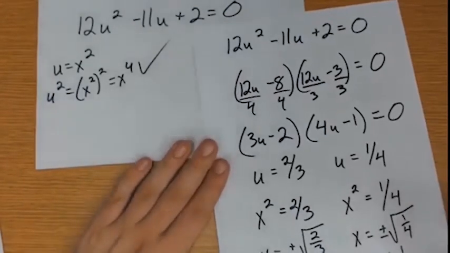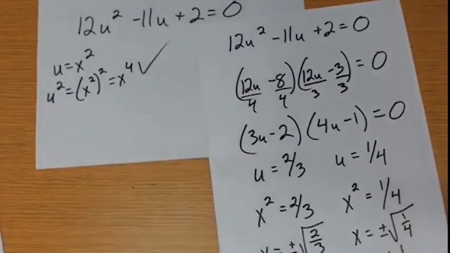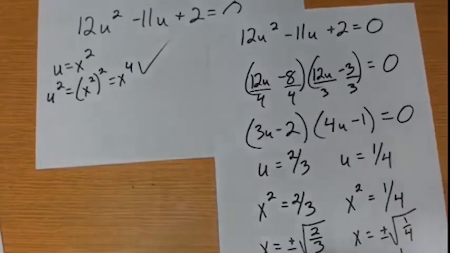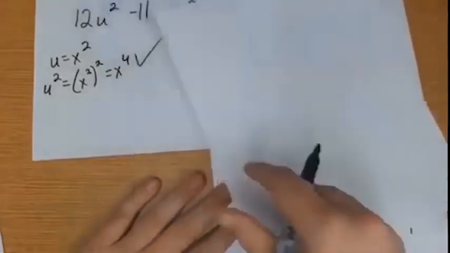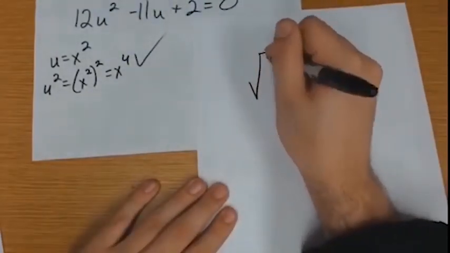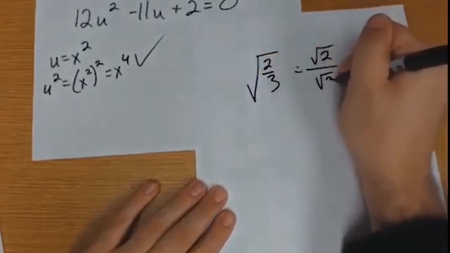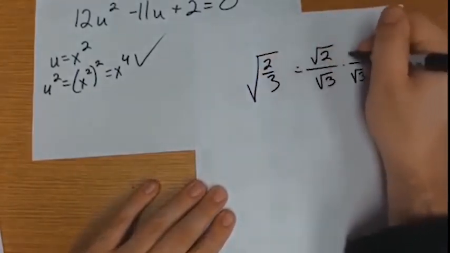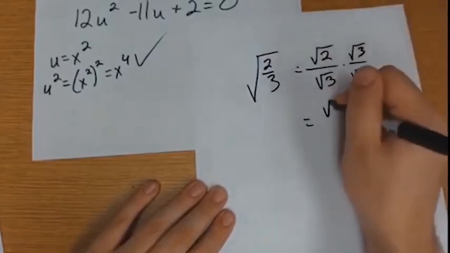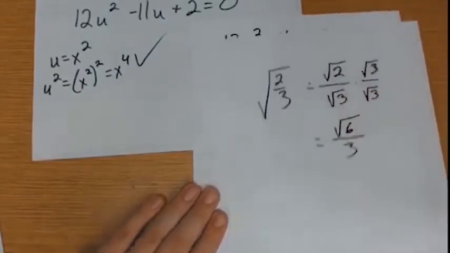Square root of 1 is 1, square root of 4 is 2. Here, we need to rationalize radical 2/3, which is radical 2 over radical 3. Rationalize with radical 3 over itself. Gives us radical 6 over 3.